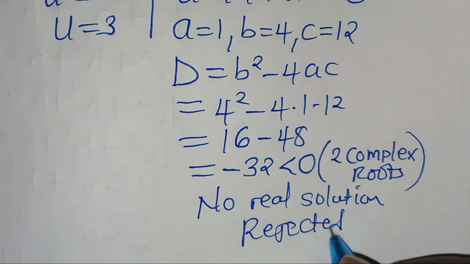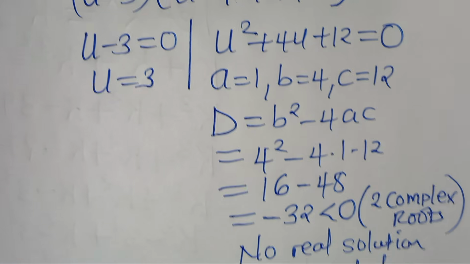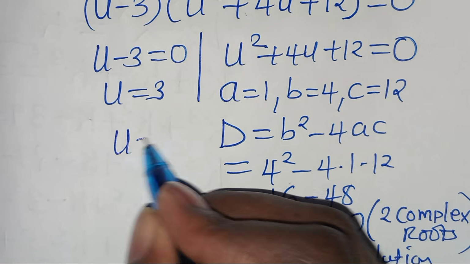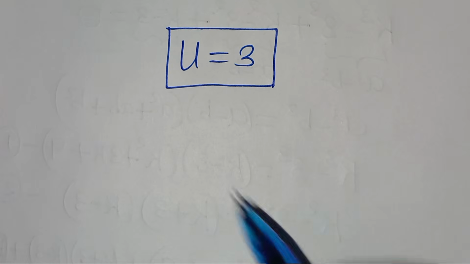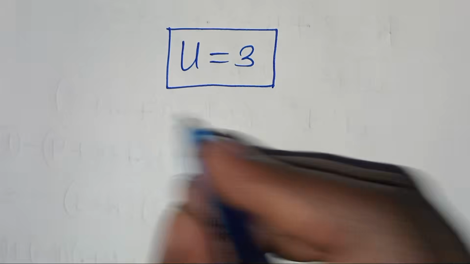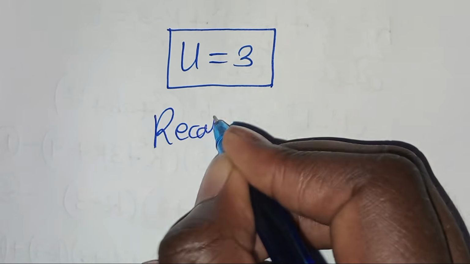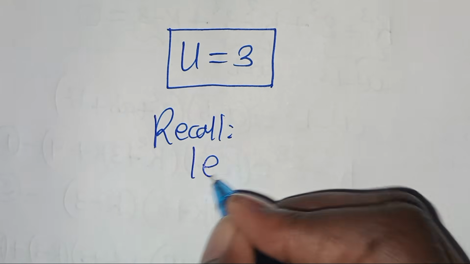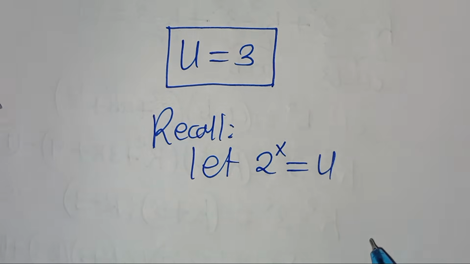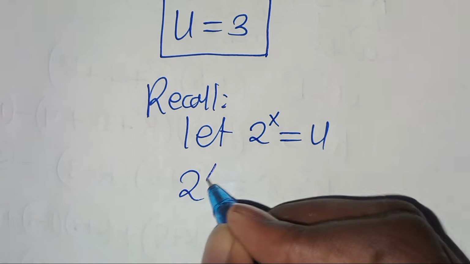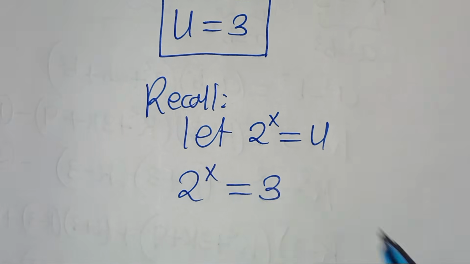Now, let's focus on u. u is equal to 3. Since u is equal to 3, and if you recall, we let 2 to the power of x be equal to u. So we have 2 to the power of x equal to 3.